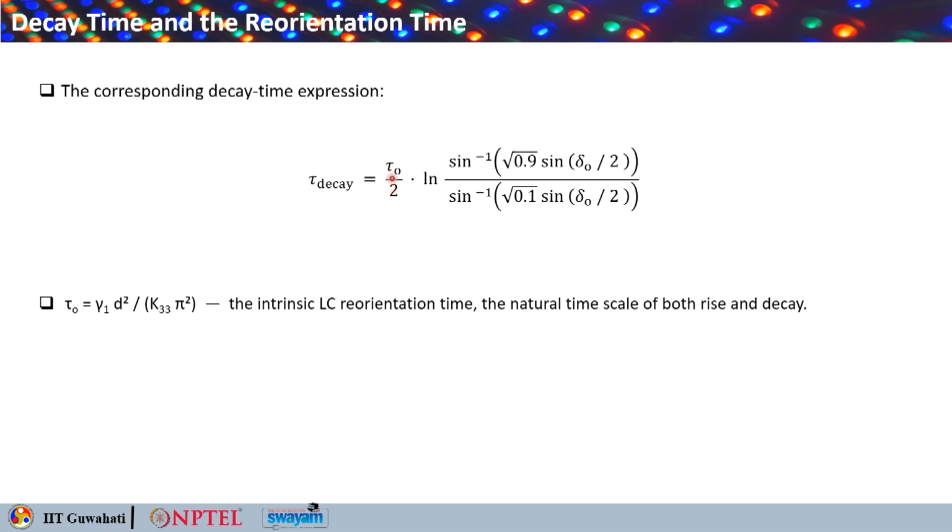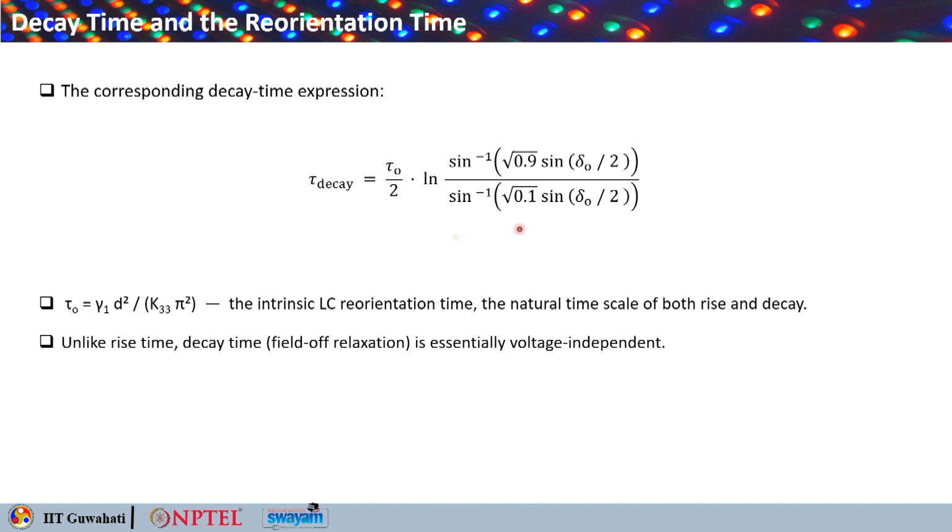So what is this tau naught? This tau naught is the intrinsic liquid crystal reorientation time that you have seen earlier, which is given by gamma 1 d squared divided by k33 pi squared. This is the natural time scale of both rise and decay, and then you have this additional factor coming in.